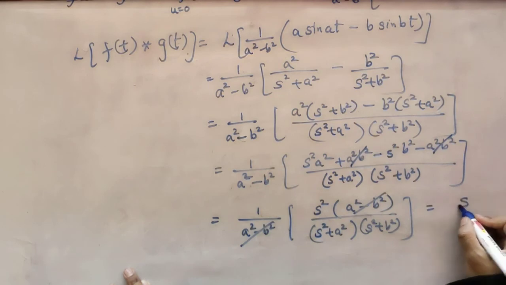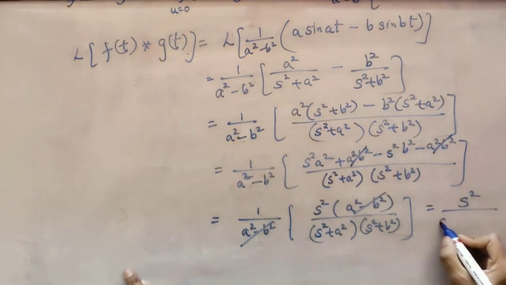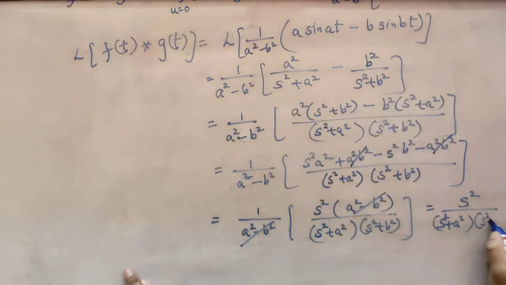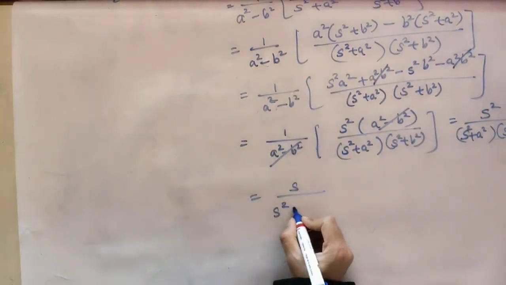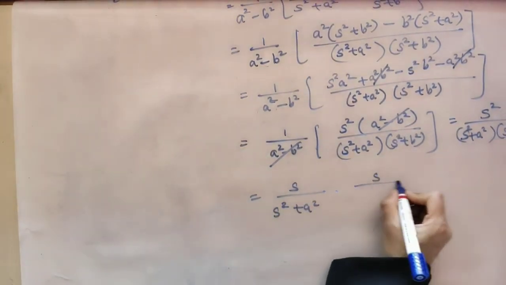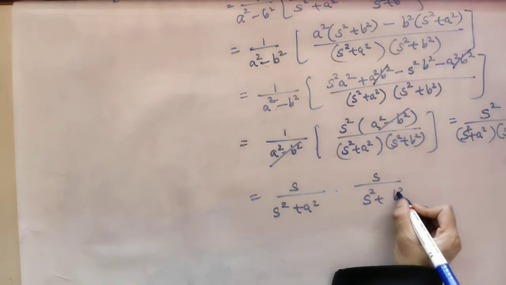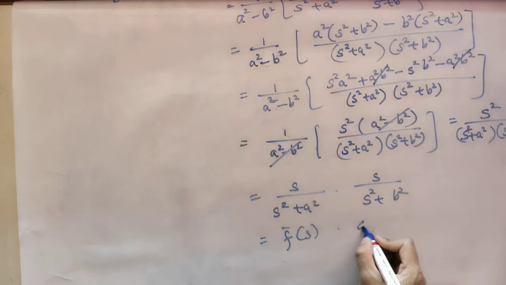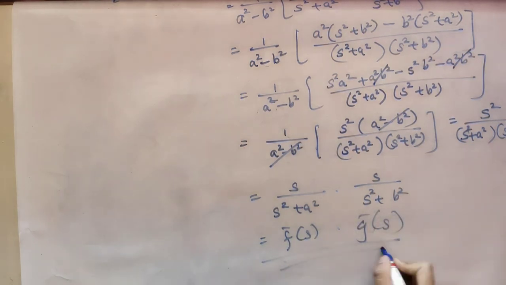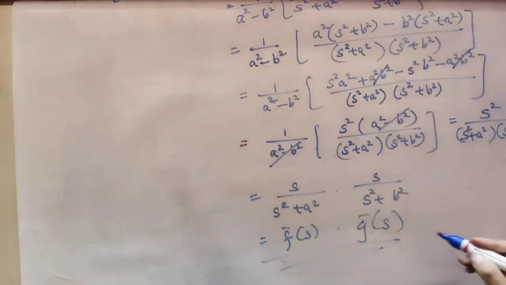You are left with s square divided by s square plus a square into s square plus b square. Or this can be written as s divided by s square plus a square into s divided by s square plus b square. Now if you just see this, this is f bar of s, and if you see this, it is g bar of s. So this completes the solution for this problem.